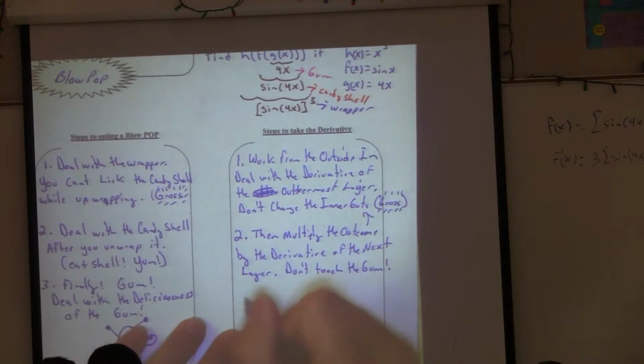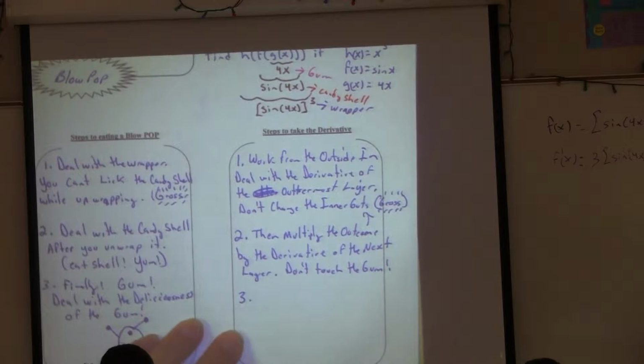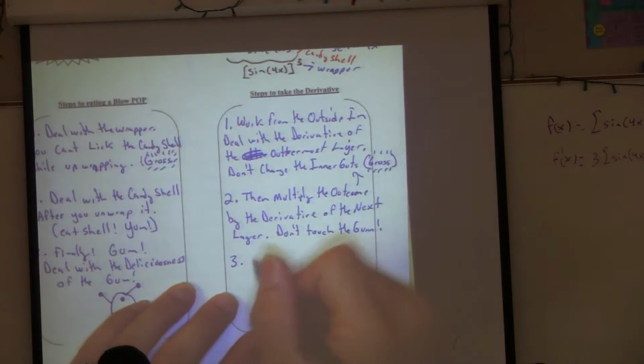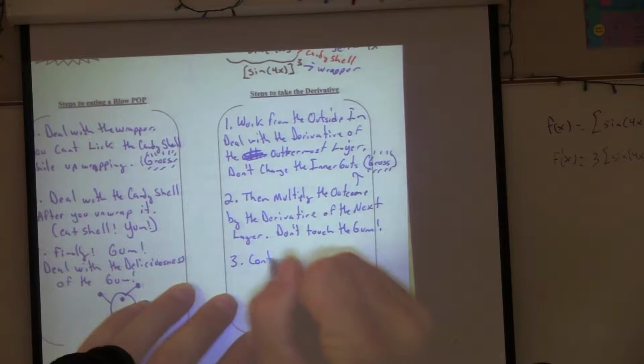What do you think the last step is to do? Do we have another layer? Yeah.